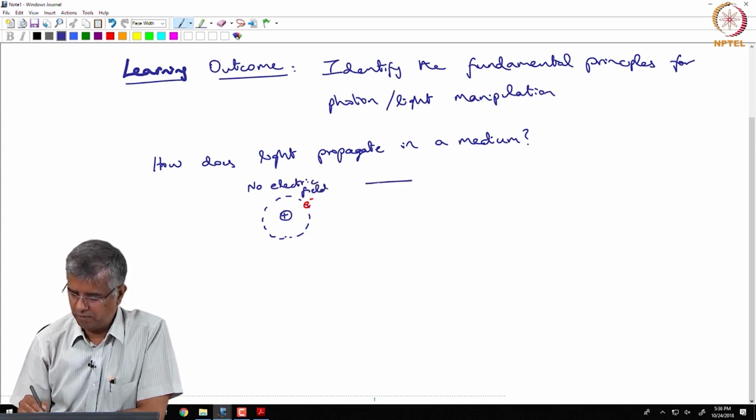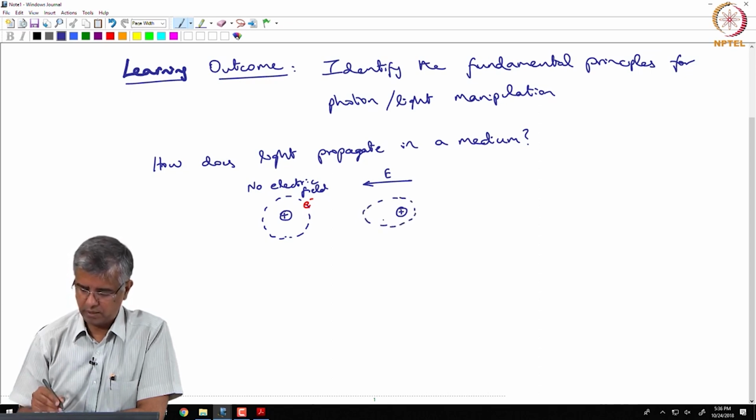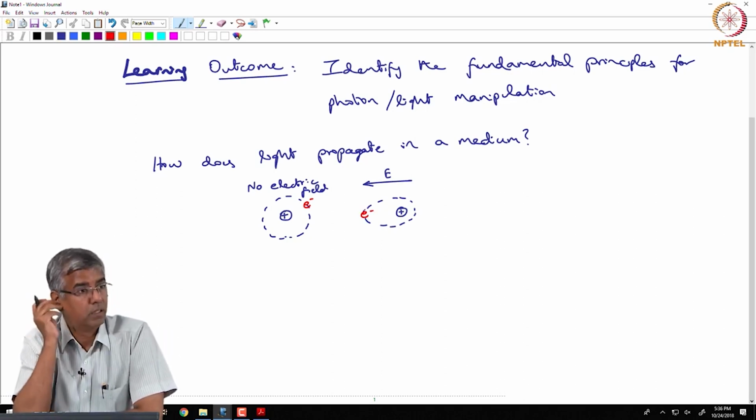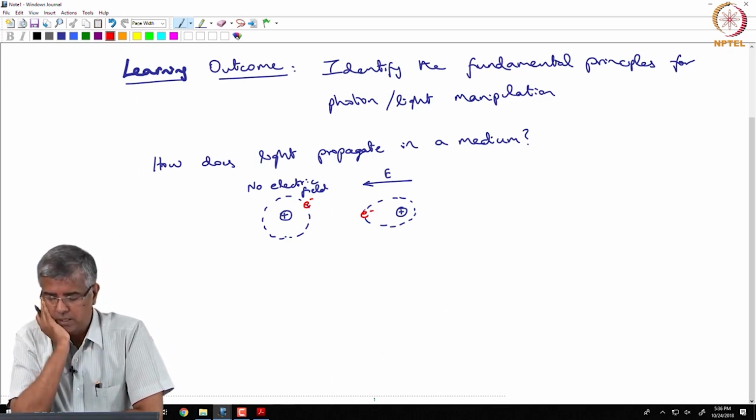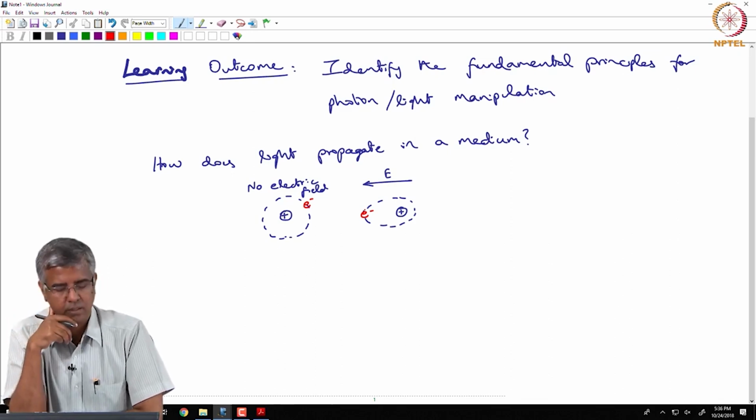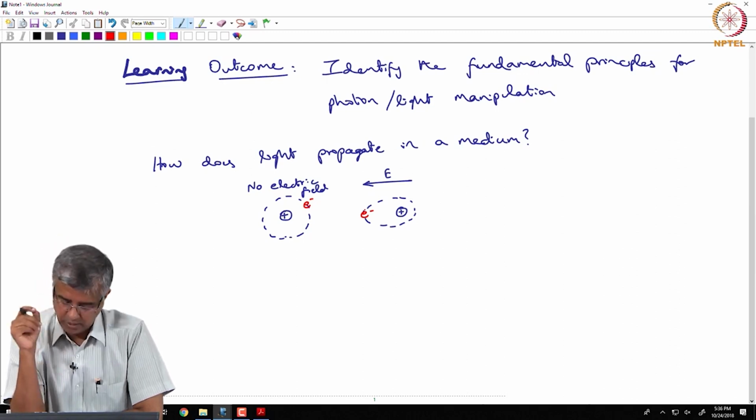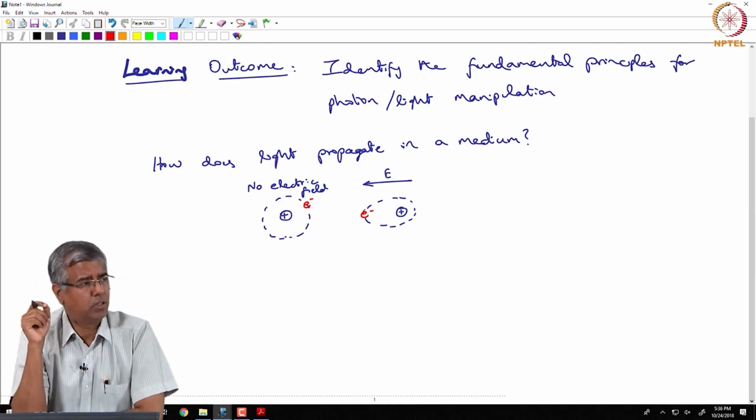But if you have an electric field, okay, that is oriented like this, what happens to this atom, what specifically happens to this orbital is that orbital is now going to get influenced by that external electric field that this atom is experiencing, especially the valence electrons, right.